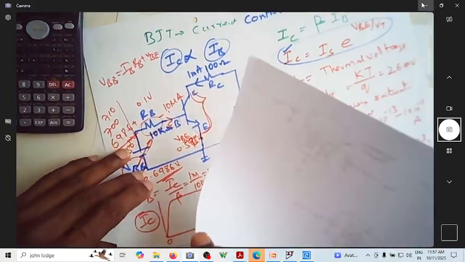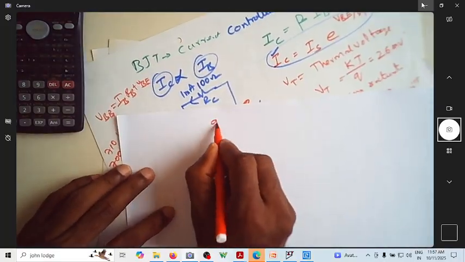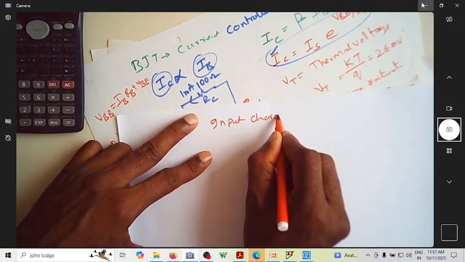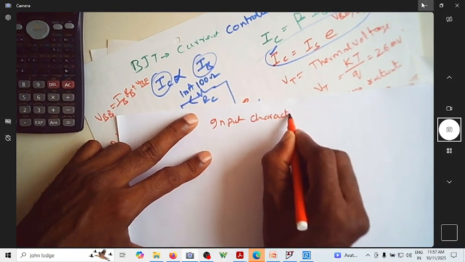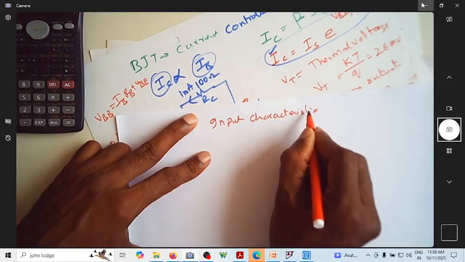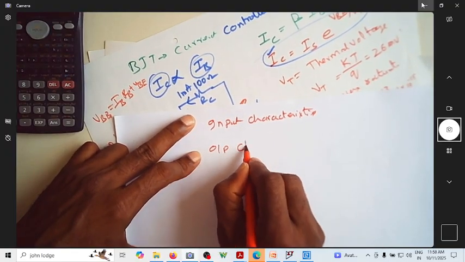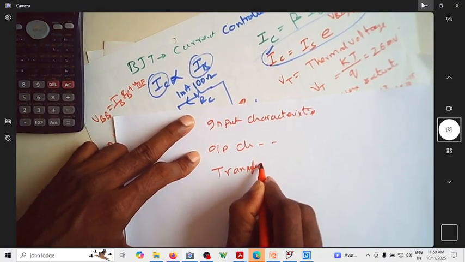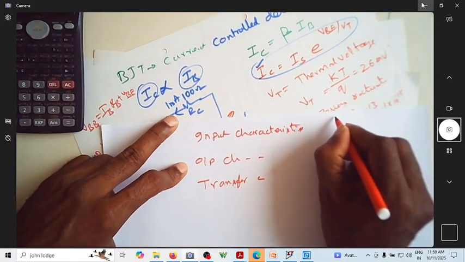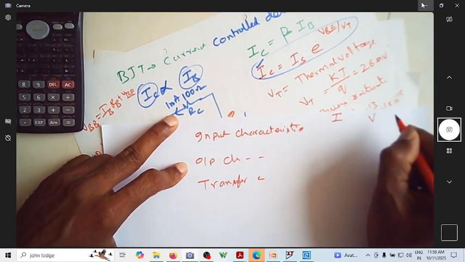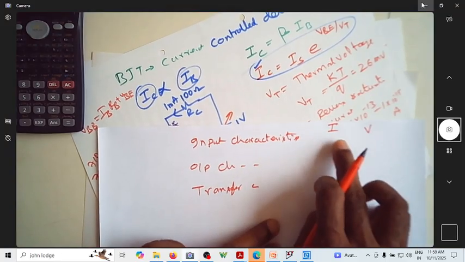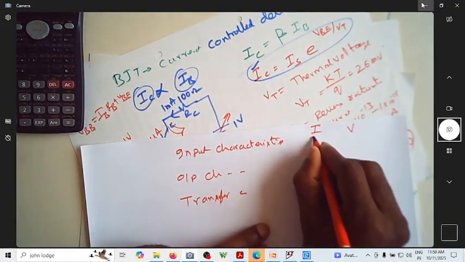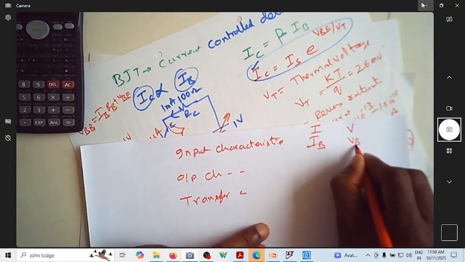So we have input characteristics, output characteristics, and one more called transfer characteristics. In input characteristics you are referring to input current and input voltage.